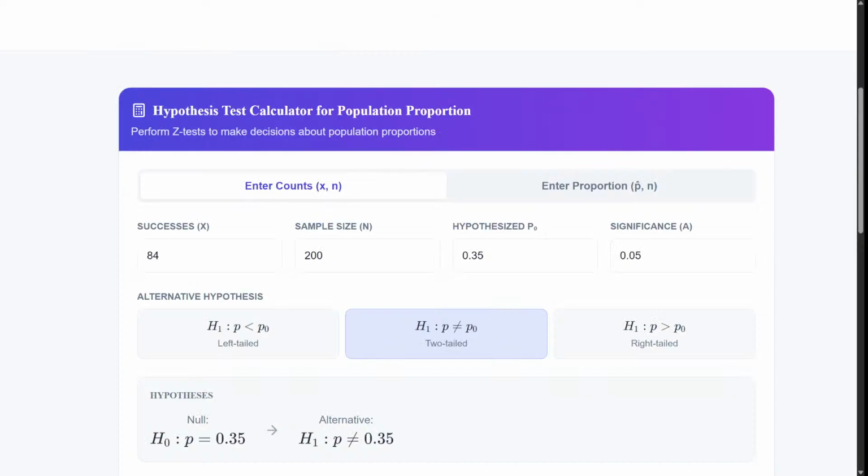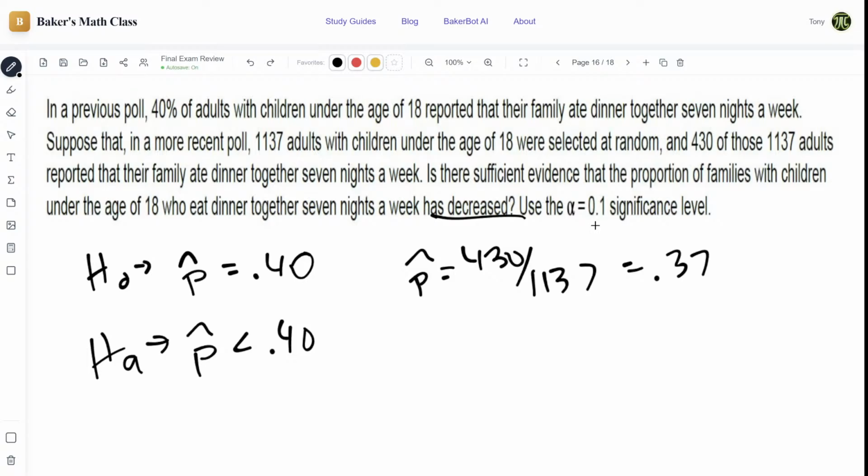Oh, never mind, I actually put it in already, so you don't have to worry about that. You can actually type it in. My hypothesis was 0.40, and my significance level they want is 0.1.